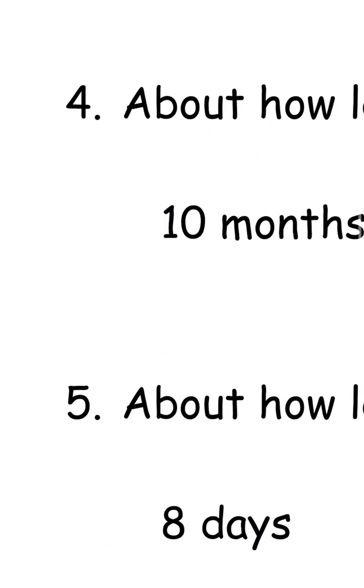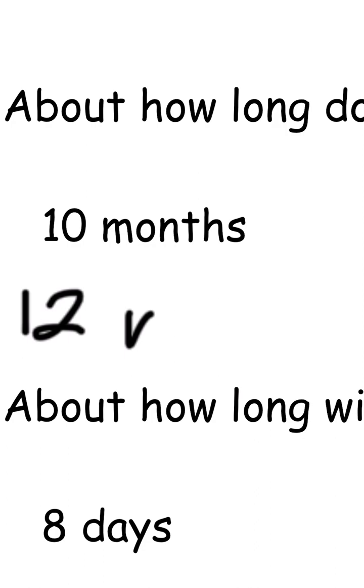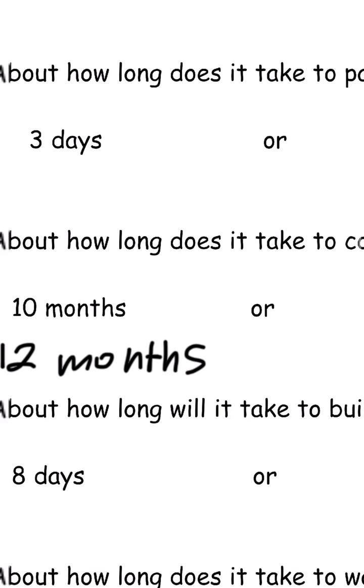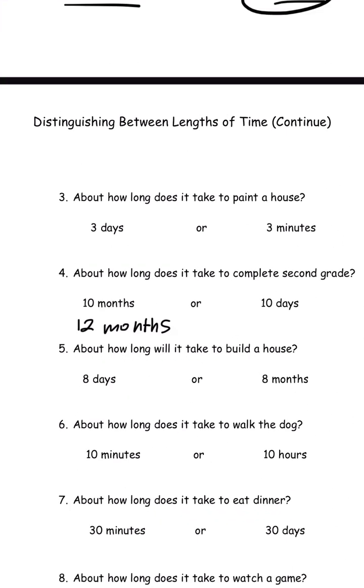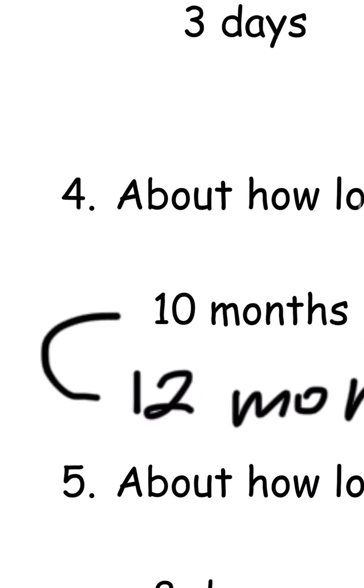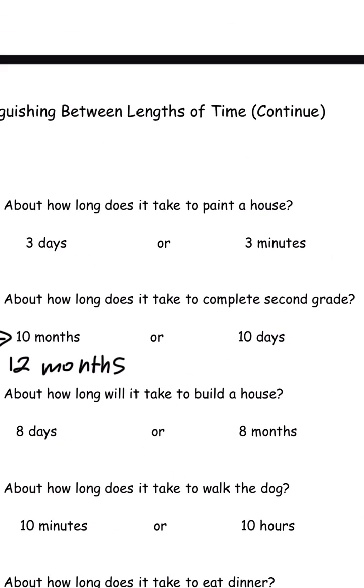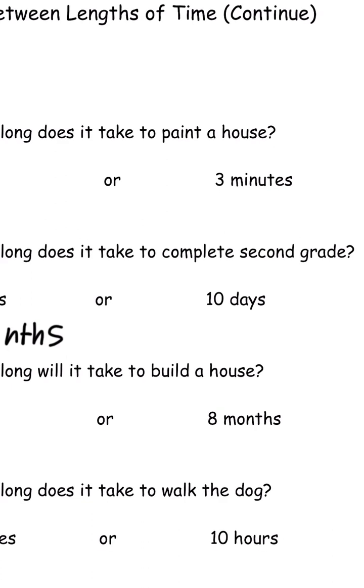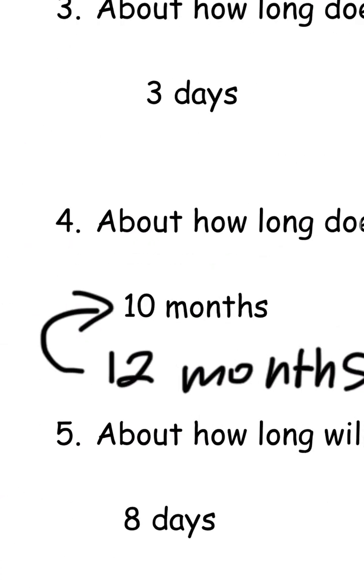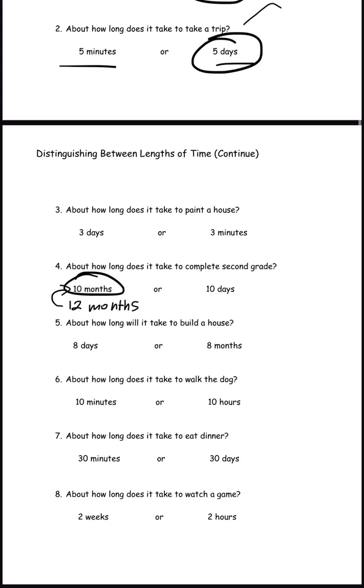In a year there are 12 months, and between those times we have a few weeks of break, such as winter break. So it can change to 10 months of school. However, 10 days is too small to complete a grade, right? So it should be 10 months.